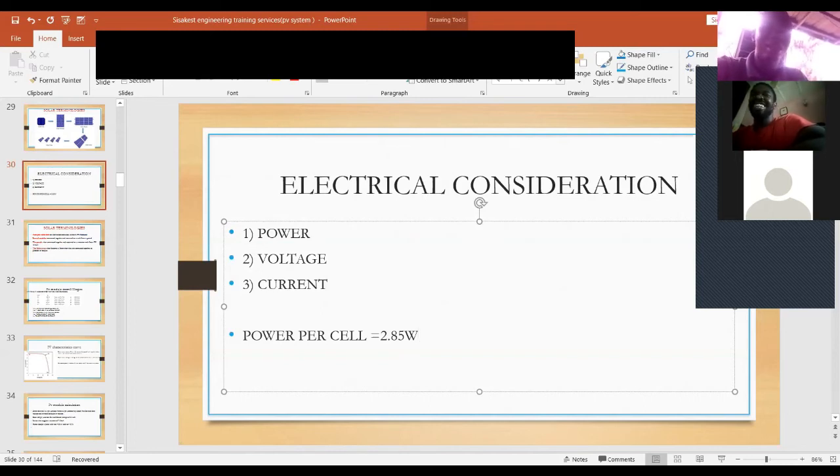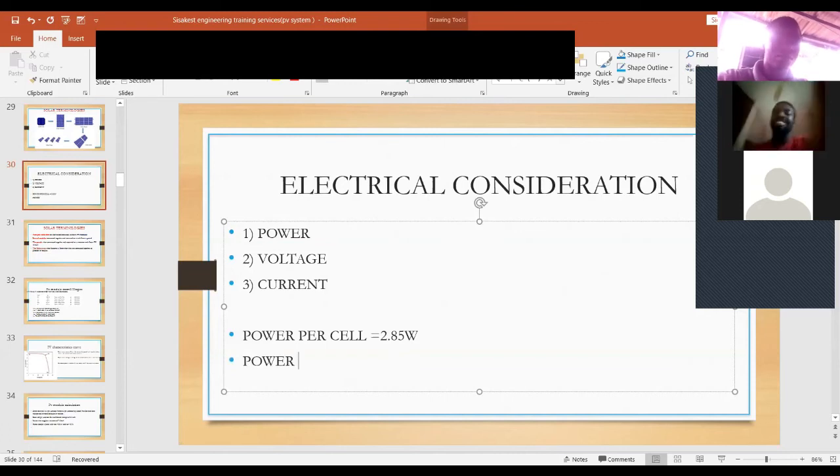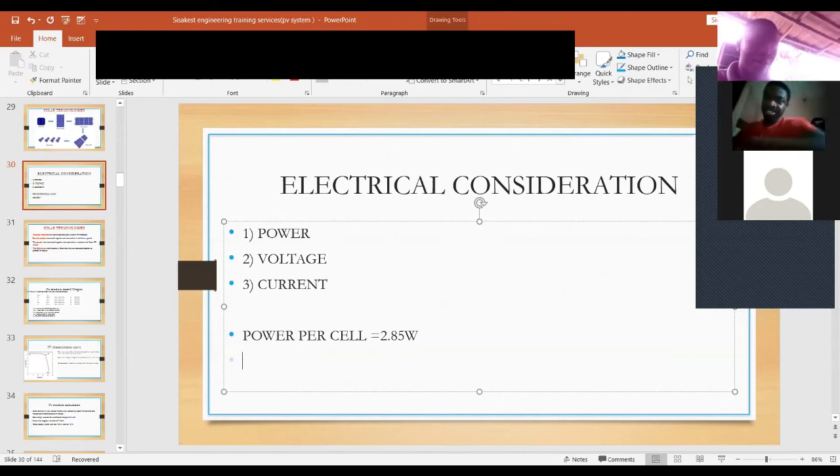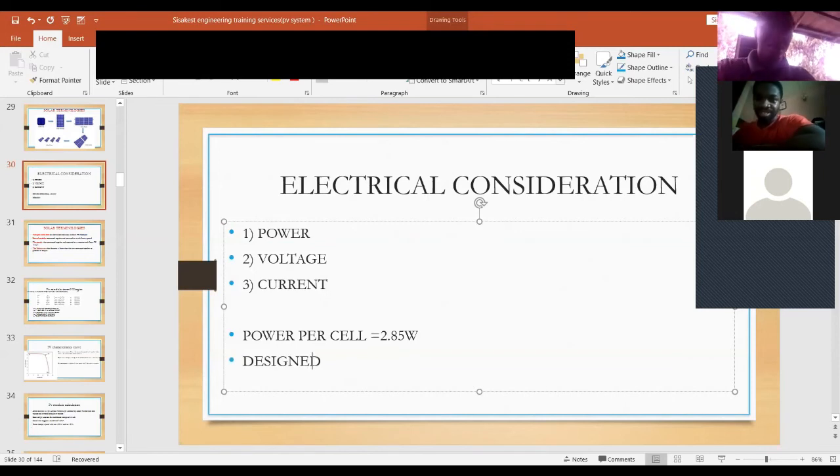The panel behind me is 100 watts, already built. So let's go for something around 100. The power we are designing, let me call it design power, equal to 100 watts, so that we will see whether our calculation tallies.